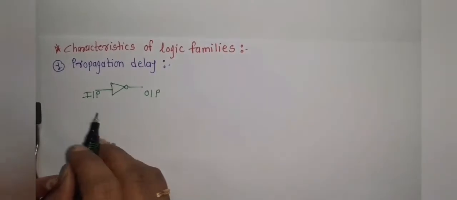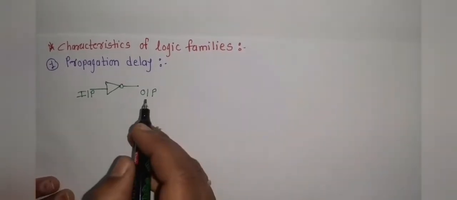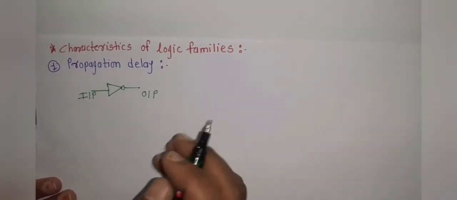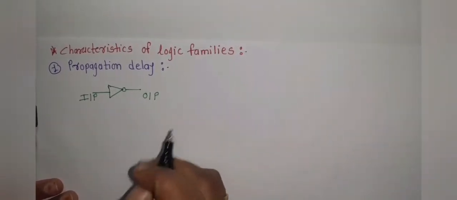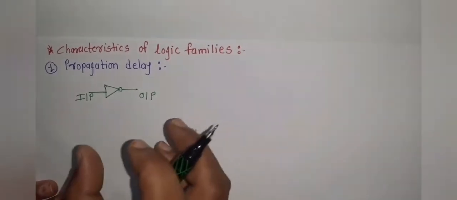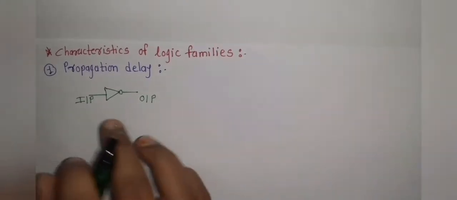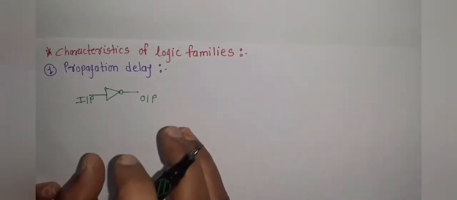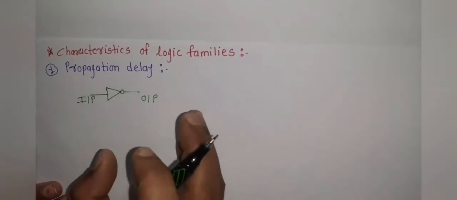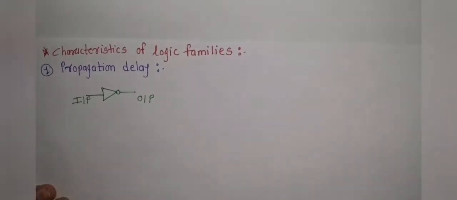When we apply a signal to the input, after some delay, it appears at the output. This time taken for the signal to pass from input to output is called propagation delay.